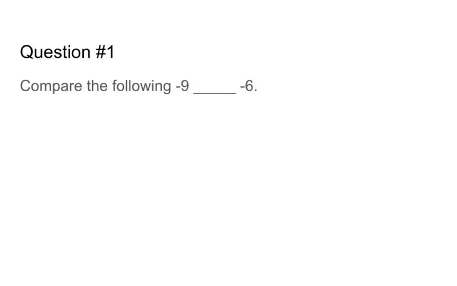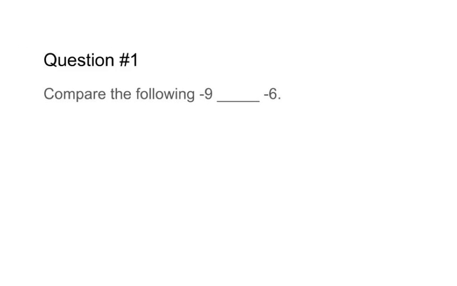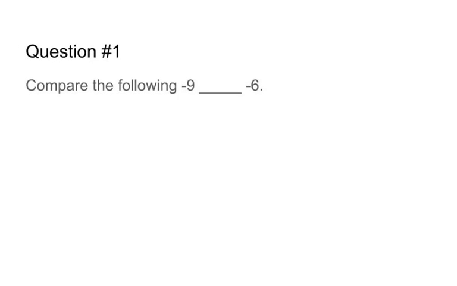Compare the following, -9 and -6. One of the ways that we learned to compare was a number line, so I want you to think through these. I'm going to give you a moment to think about comparing -9 to -6. You're either going to say that it's greater than, less than, or equal to.